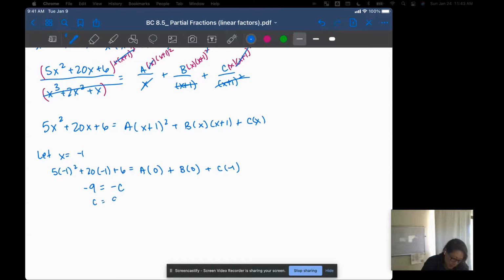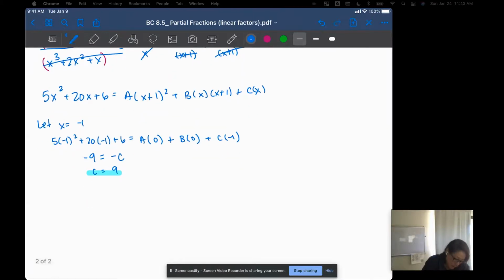So c is equal to 9 for later. All right, now I'll let x equal 0. So I get 0 plus 0 plus 6 is equal to a times 1 squared plus b times 0 plus c times 0. So a is equal to 6.